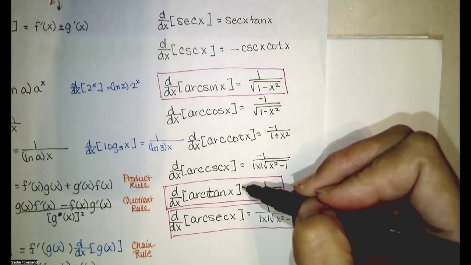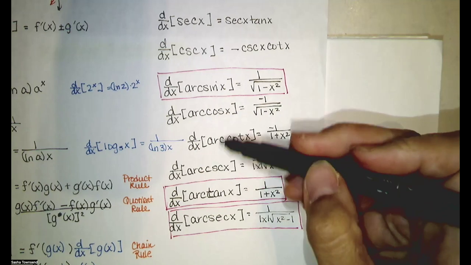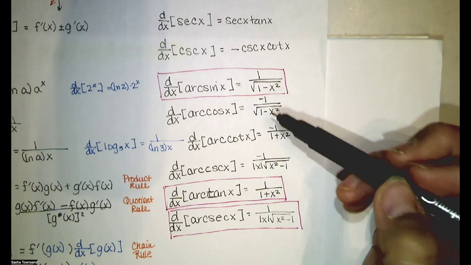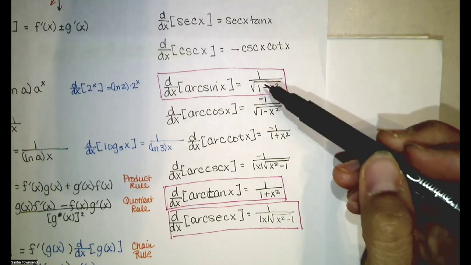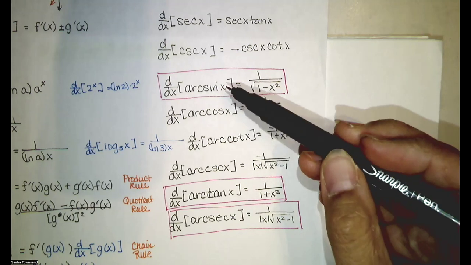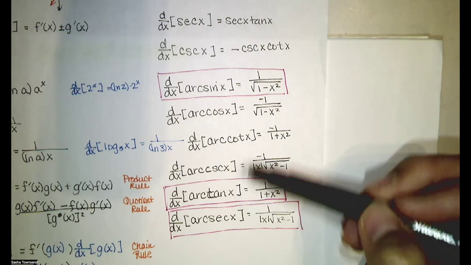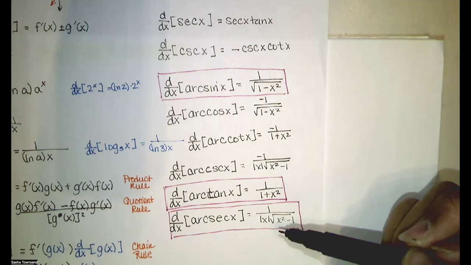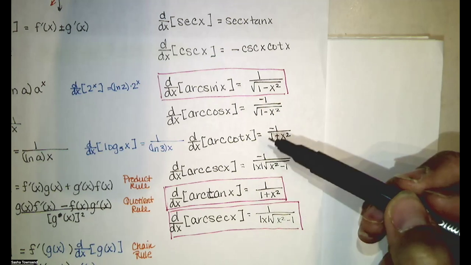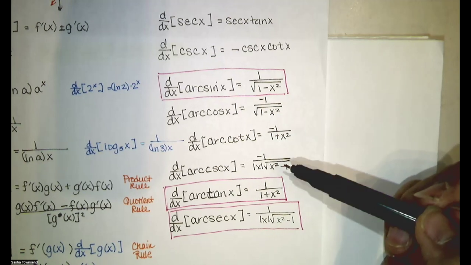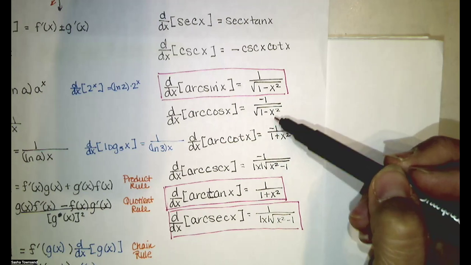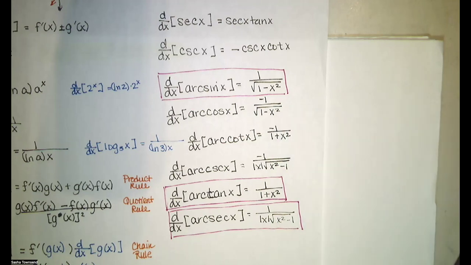If you know these three, then the derivatives of the inverse cofunctions will sort of come naturally because the derivative of arc cosine and arc sine are the same except for the sign difference. The derivative of arc secant and arc cosecant are the same except for the sign difference, and the derivative of arc tangent and arc cotangent are the same except for the sign difference, at least in the formula.